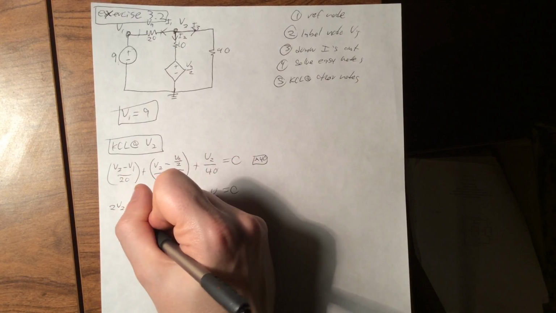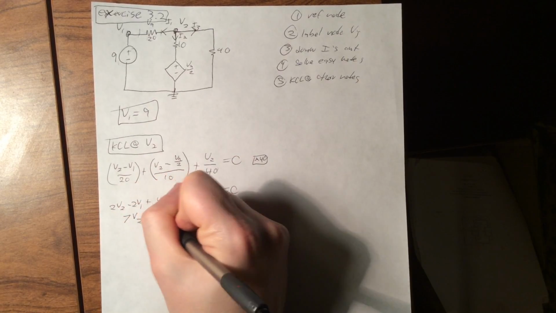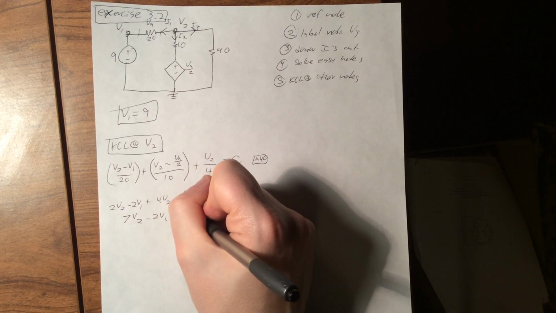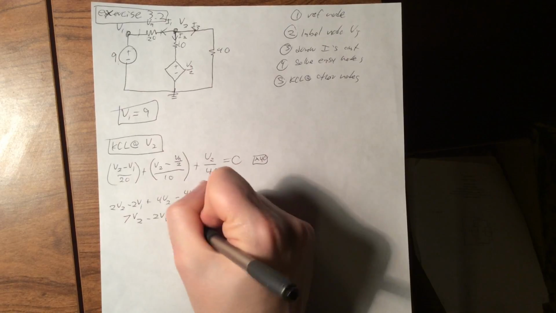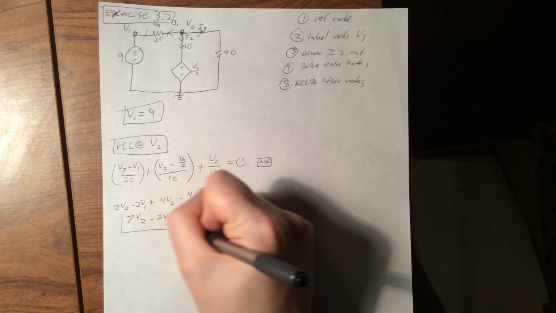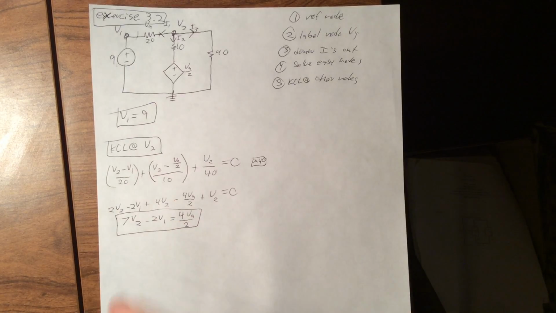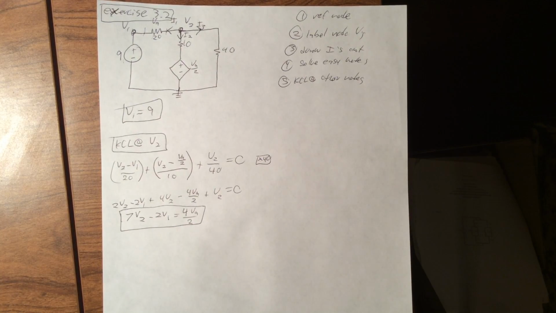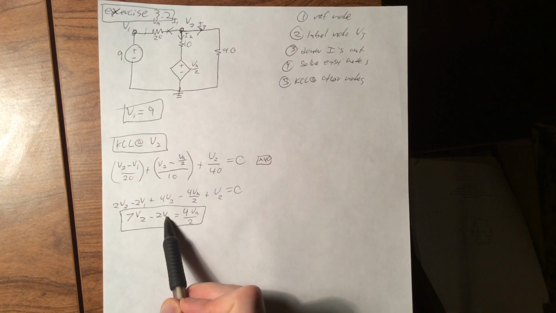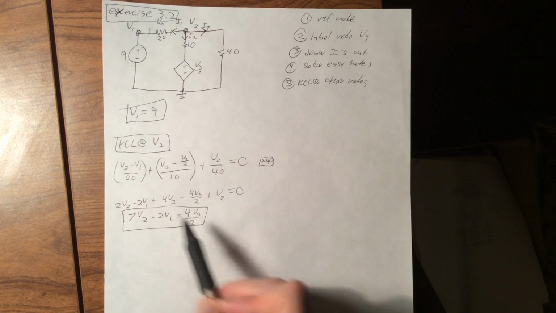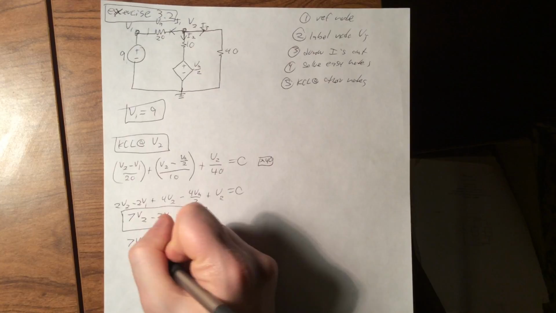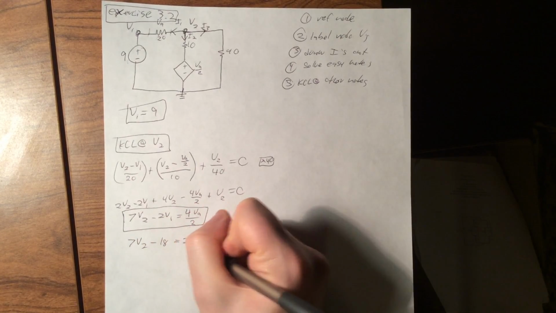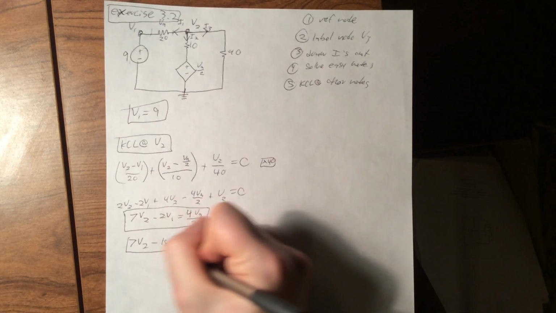We got 7V2 minus 2V1 equals 4VA over 2. Let's just hold that and store it. Actually, no, we missed something else. V1 we already have up here, and this is 9. So let's do 7V2 minus 18 equals 2VA. That's a little neater.